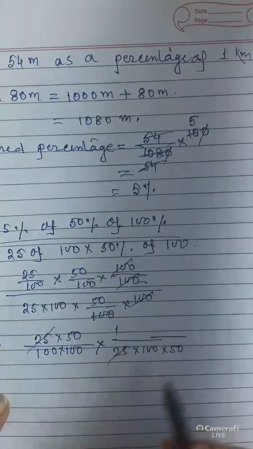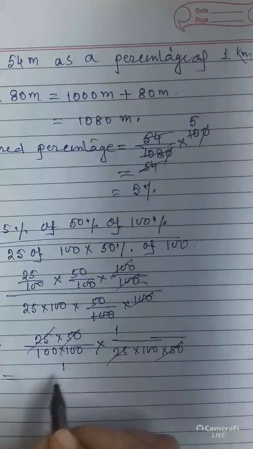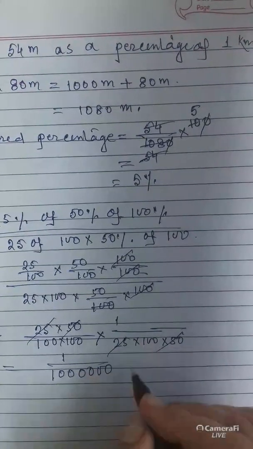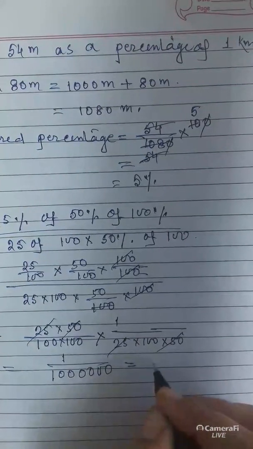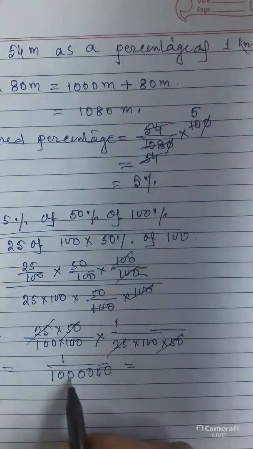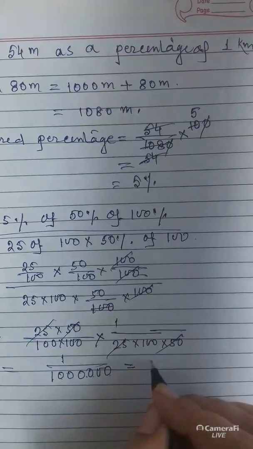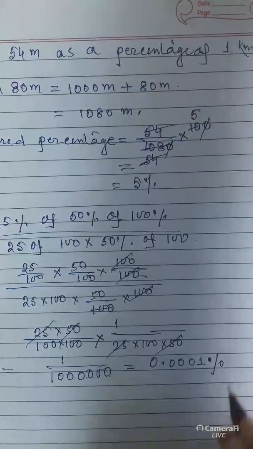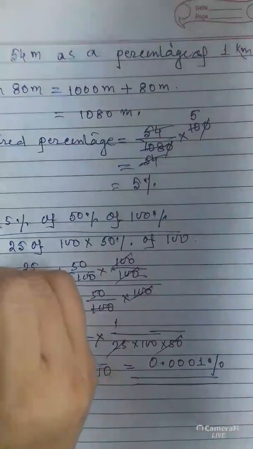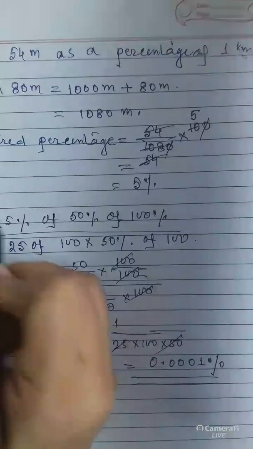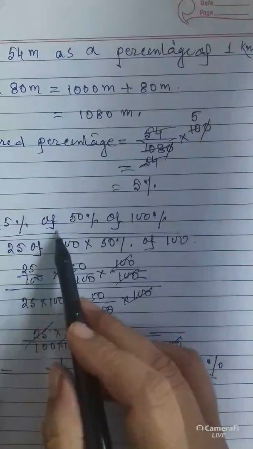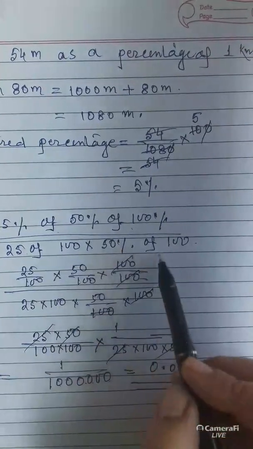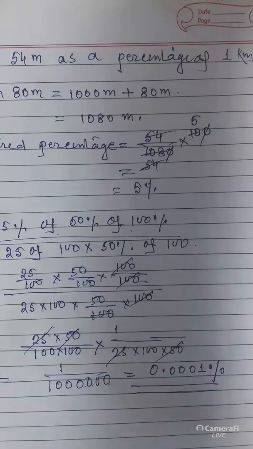Now 25 cancel, 50 cancel, we get 1 by 10000. So 0.0001%. This is the answer. This is evaluate. Find the value of 25% of 50% of 100%. Thank you, students.